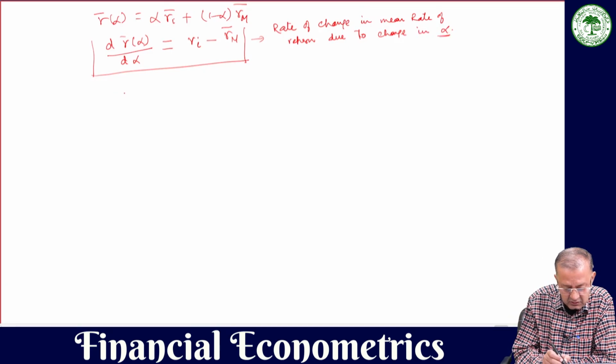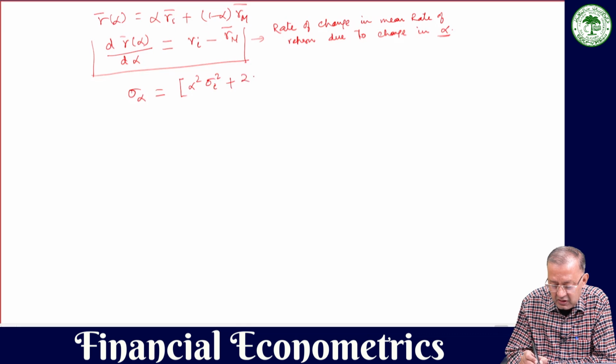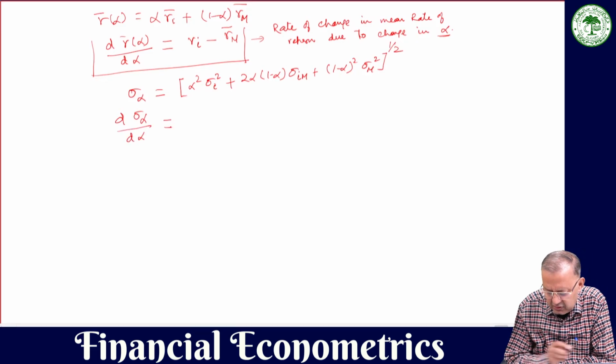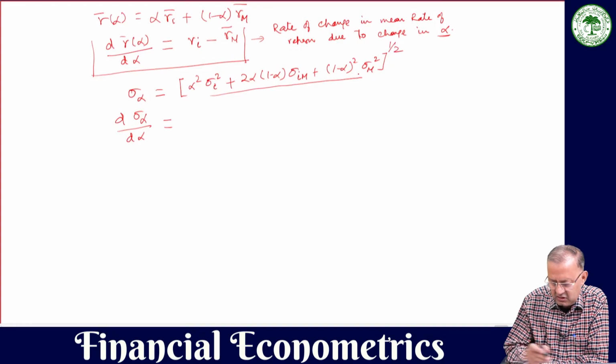Similarly, let me write down sigma alpha. The equation for sigma alpha is equal to alpha square sigma I square plus twice alpha into 1 minus alpha sigma im plus 1 minus alpha square sigma m square. So d sigma alpha upon d alpha: again we apply the chain rule for differentiating this equation, and I'm writing down the result.